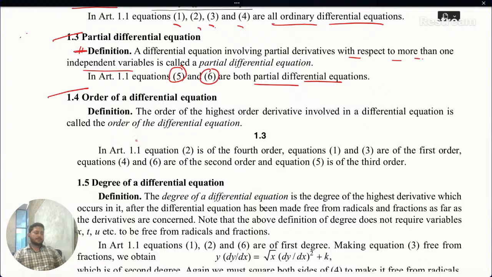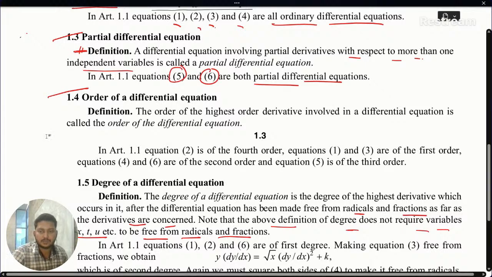The order of a differential equation is the highest order derivative involved in it. The degree of a differential equation is the power of the highest derivative which occurs in it after the equation has been made free from radicals and fractions as far as the derivatives are concerned. Note that this definition of degree does not require the variables x and y to be free from radicals and fractions.